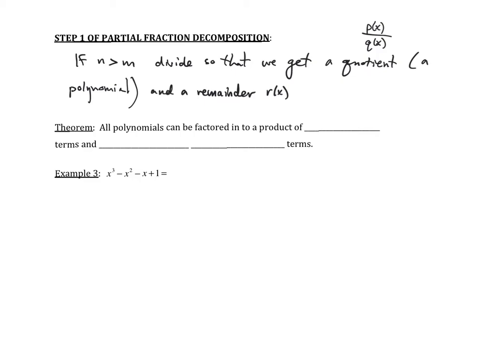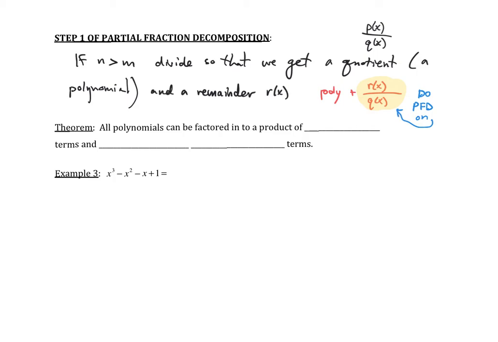So what we're going to end up with is a polynomial plus the remainder r of x divided by the divisor q of x. And really, it's this piece right here that we actually do the partial fraction decomposition on. So we do partial fraction decomposition on this piece right there.